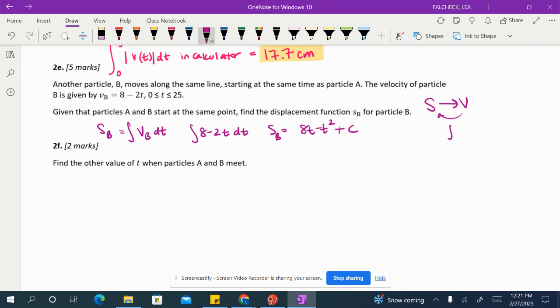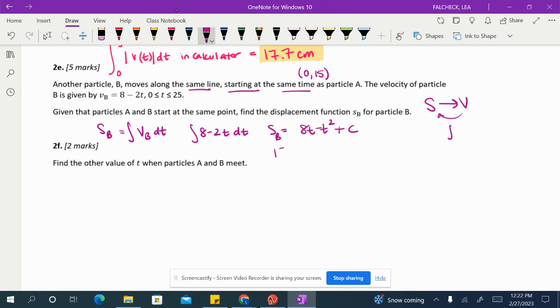So what can we use to find that plus c? Well, it's along the same line starting at the same time as particle A. So if it's along the same line and starting at the same time, when time was equal to 0, the initial position from the origin should have been 15 units.